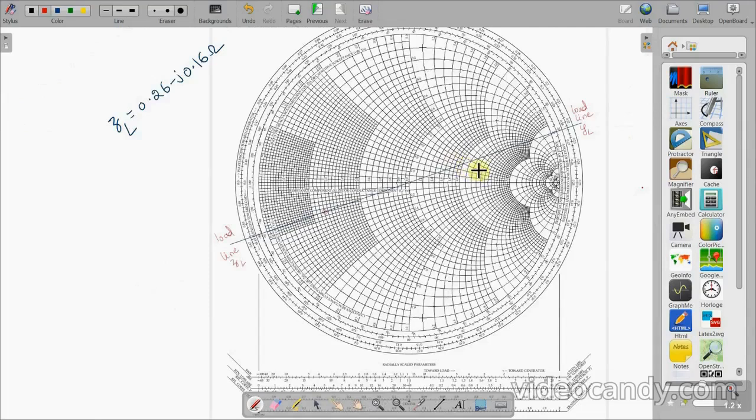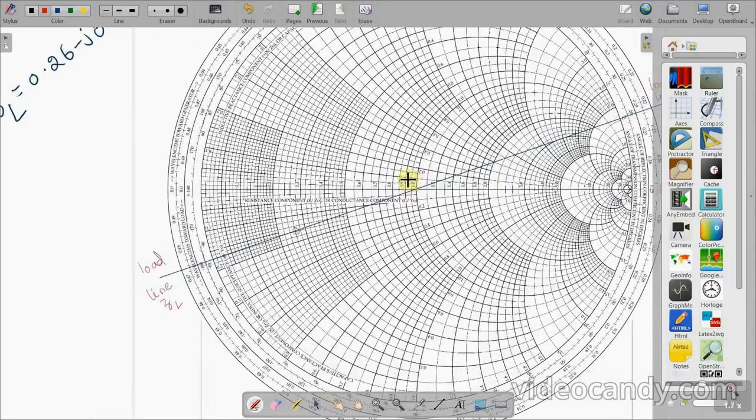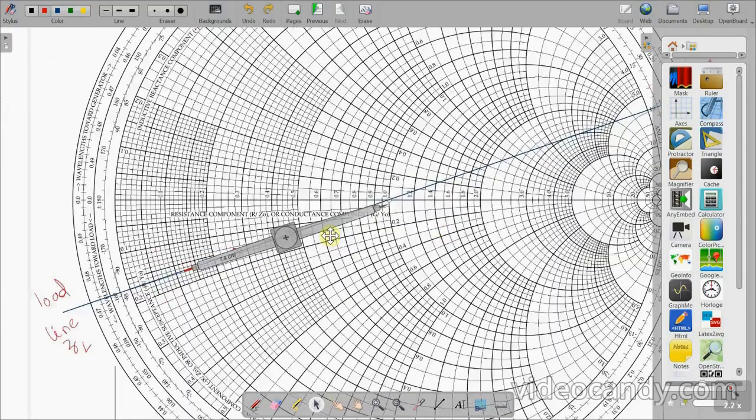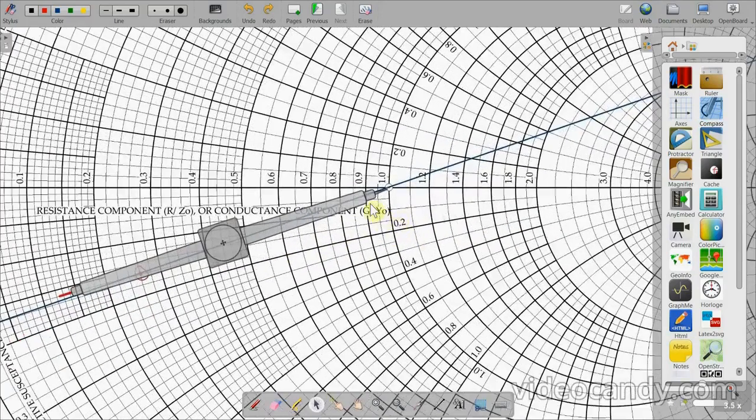Now take the compass, and consider the radius from center to the load point. As you can see, the length has been adjusted.